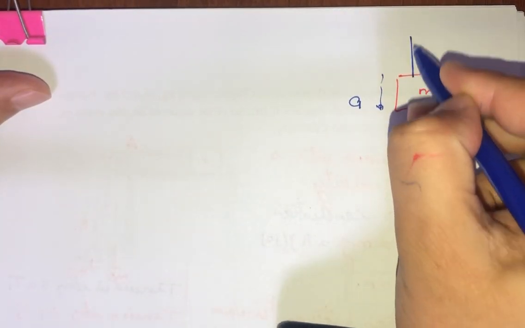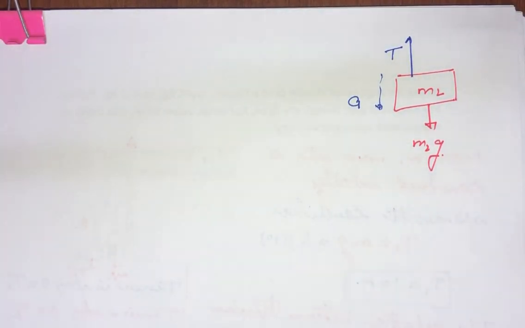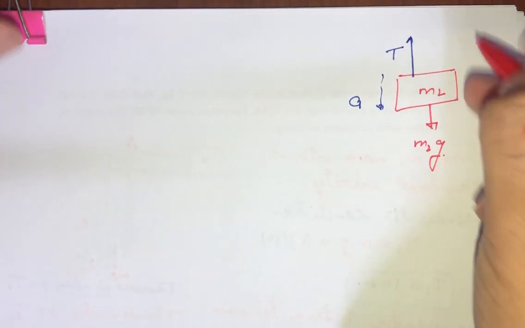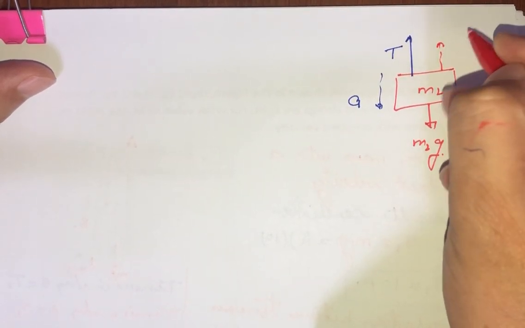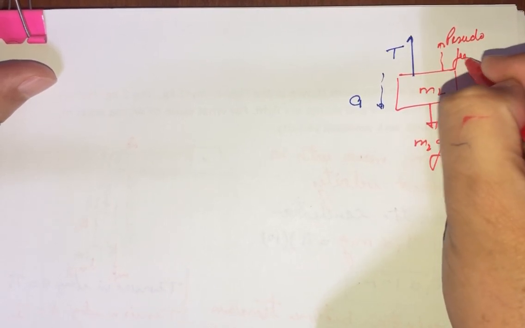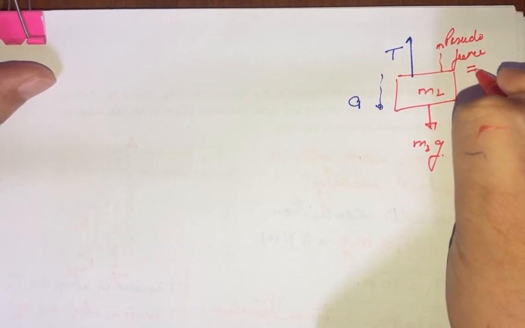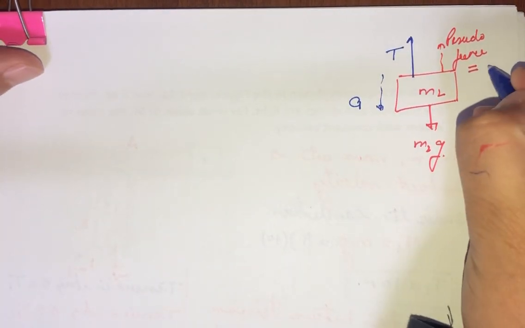There will be a force of tension T in the upward direction, and there will be one more force, which we can call a pseudo force, and its value will be M2 multiplied by A, M2A.